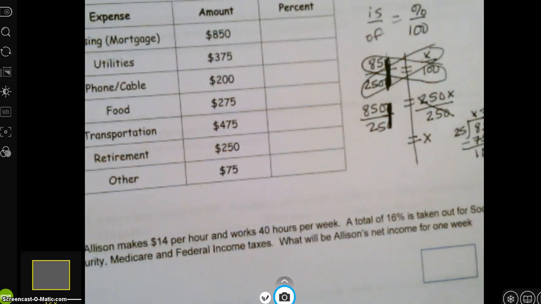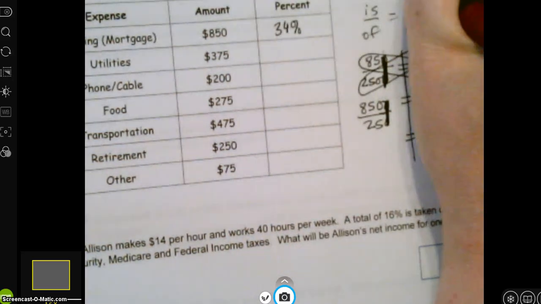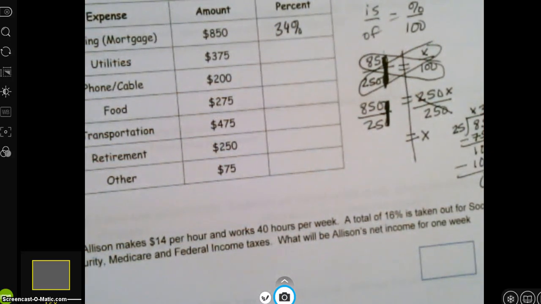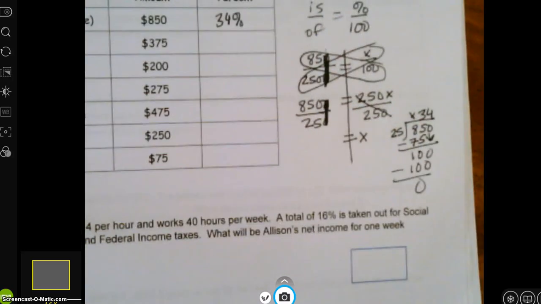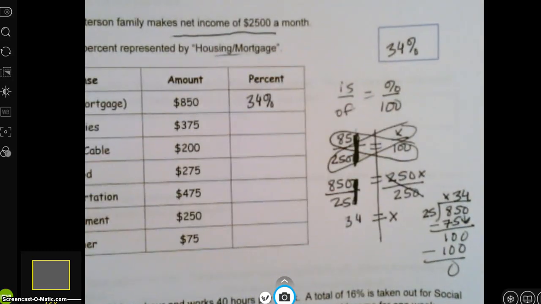Pull down a 0. 25 into 100 goes exactly 4 times with 0 left. So the percent for that would be 34%. Okay?